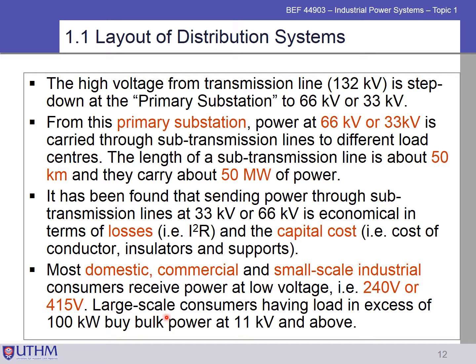Large scale consumers having a load in excess of 100 kilowatt receive bulk power at 11 kV and above. For example, a crane at a port uses 11 kV directly from the distribution system.